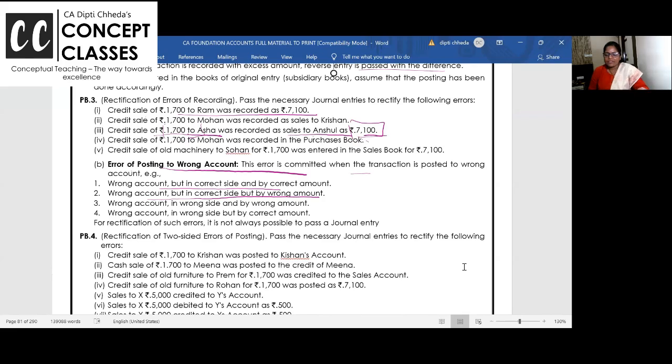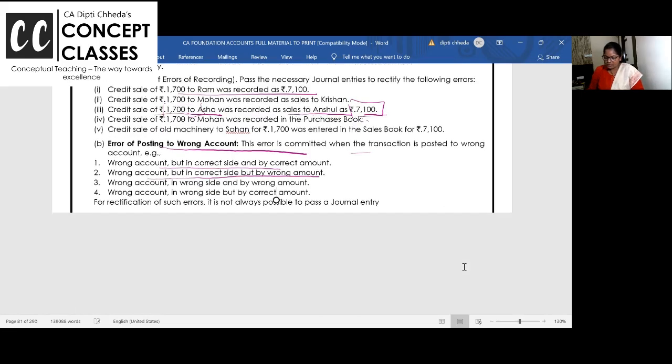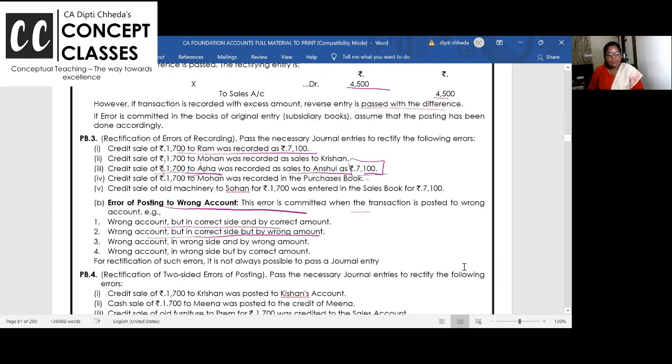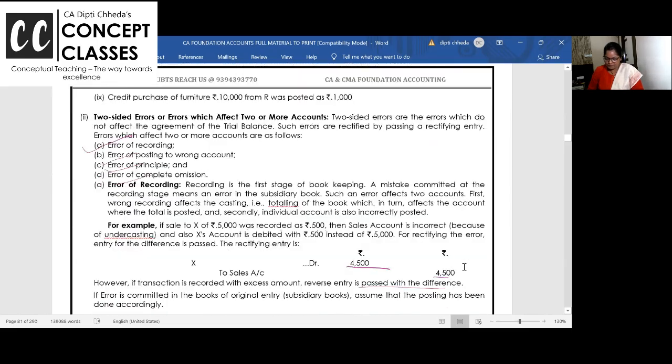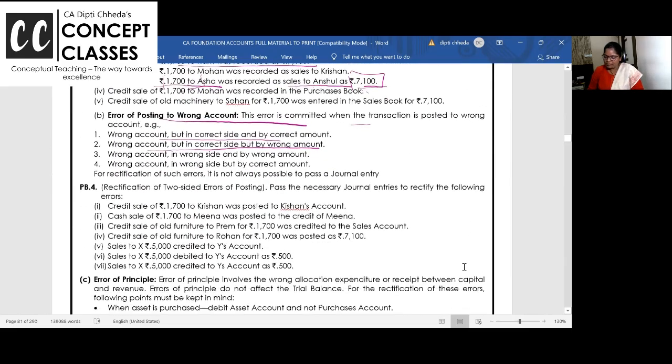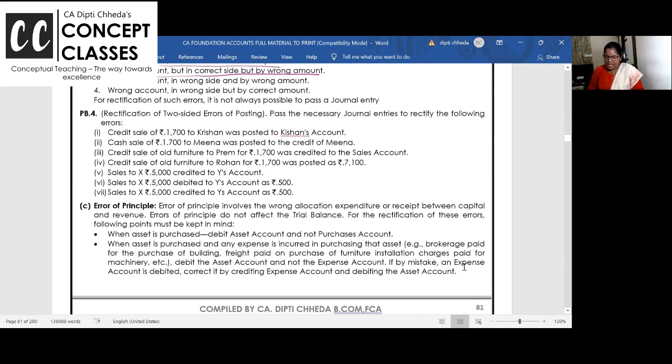Past journal entries for this, one second. Yeah, third problem we have just now completed, and fourth problem.